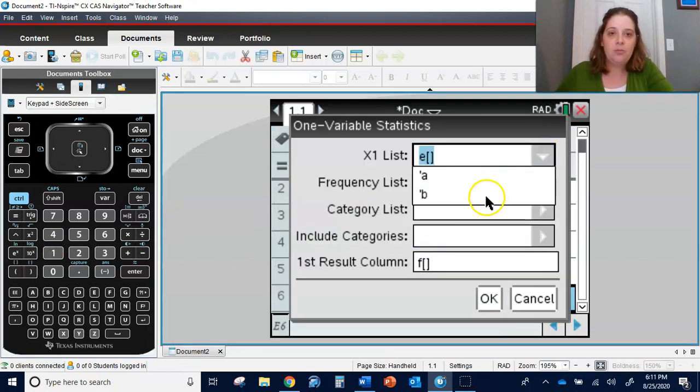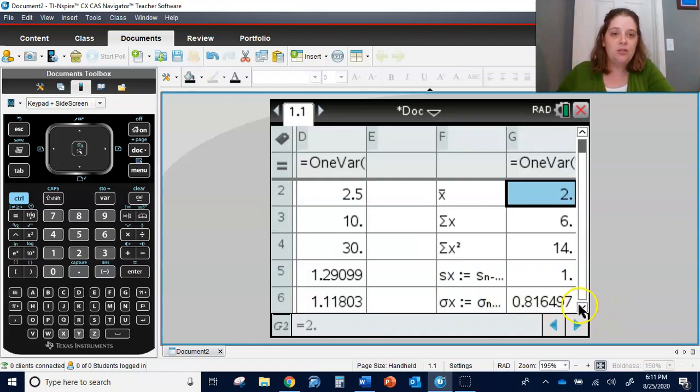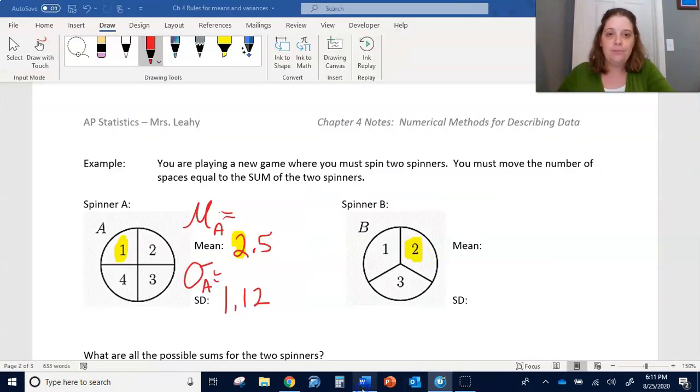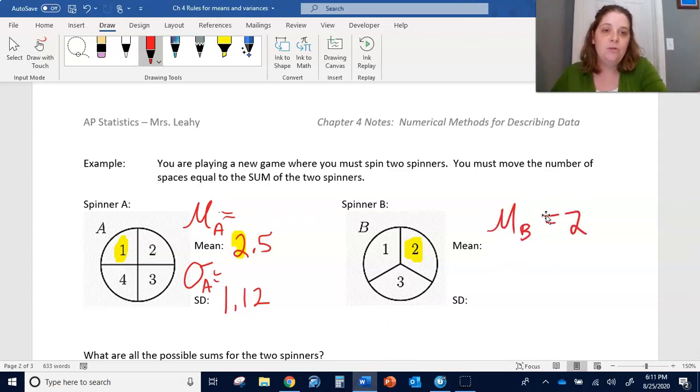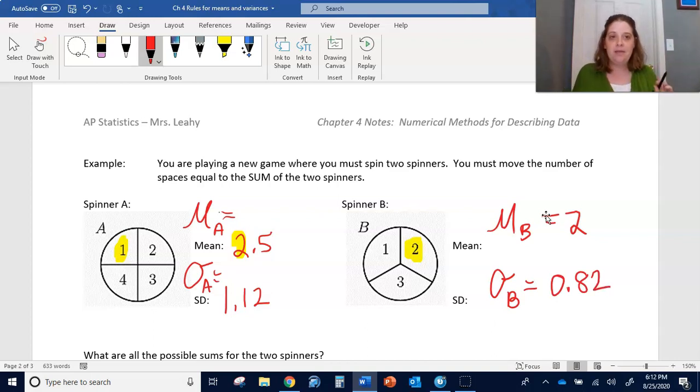This time I'm going to pick data set B, and it says the mean is 2 and the standard deviation is 0.82. So the mean of B is 2, and the standard deviation of B is 0.82. All right, so there's my mean and my standard deviation for each of these two data sets.